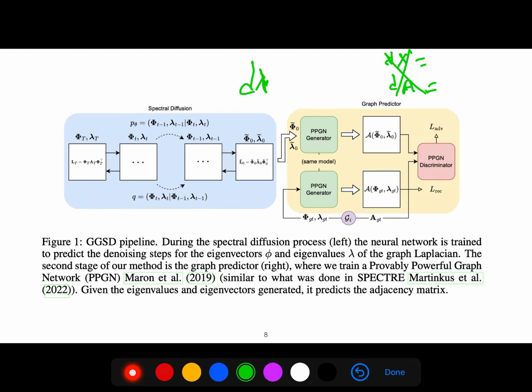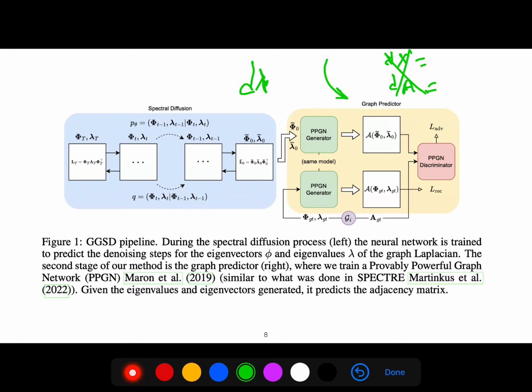So you see the pipeline. During spectral diffusion process, you see on the left, the neural network is trained to predict the denoising steps for the eigenvectors and eigenvalue lambda of the graph Laplacian. In the second stage, here, the second stage is graph predictor, where we train a provably powerful graph network.